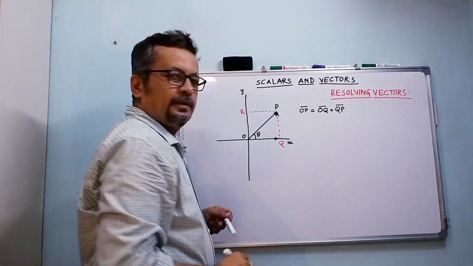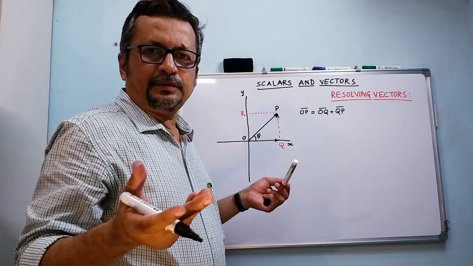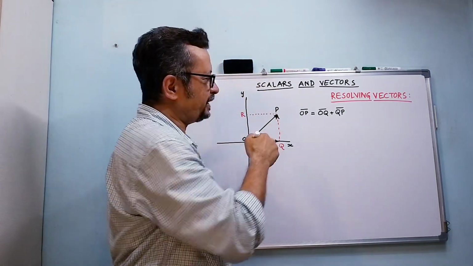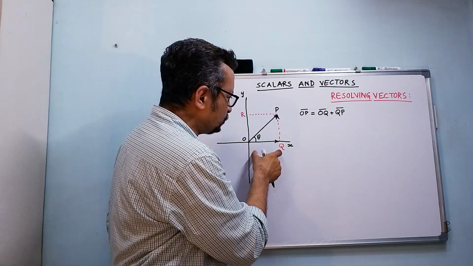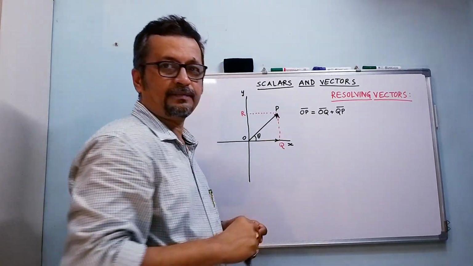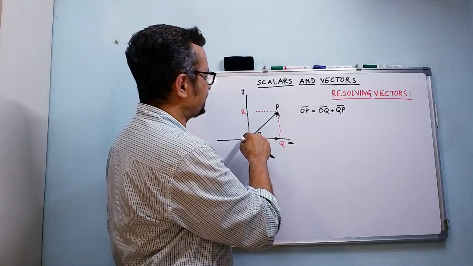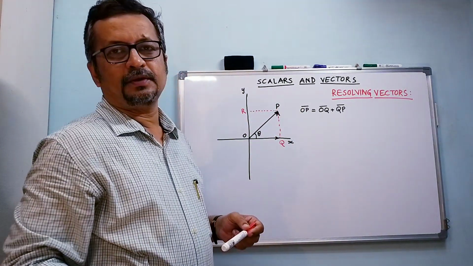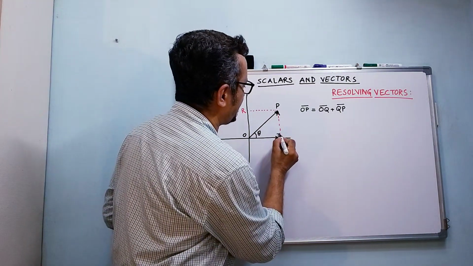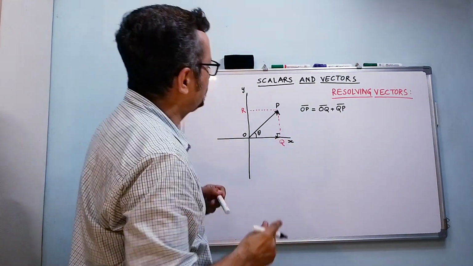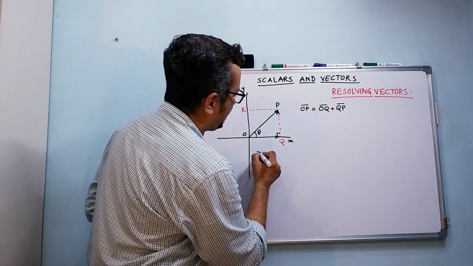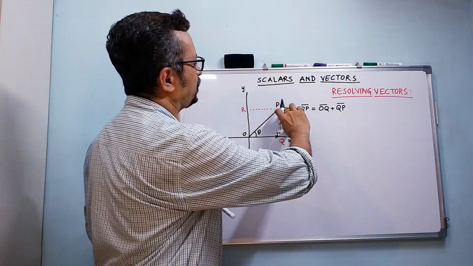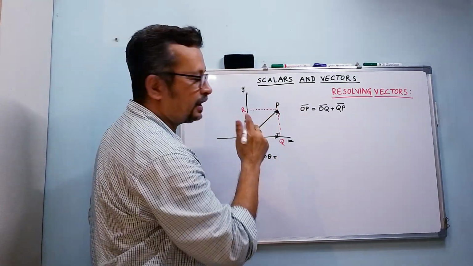So fine, my work is done, but before going ahead, I need to know what is my length OQ and length PQ here. So now consider this right angle triangle OQP, or OPQ, whatever you call it, with Q as your right angle. Yes, I have this right angle here. So in this right angle triangle, I have sine theta equal to the opposite side divided by hypotenuse.